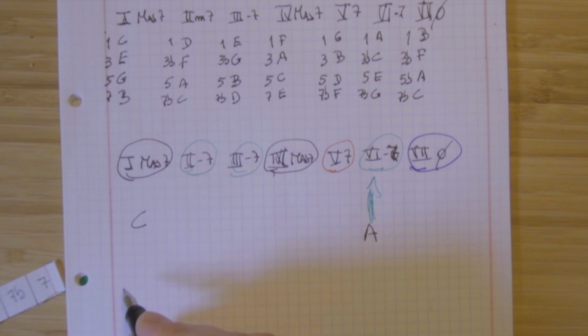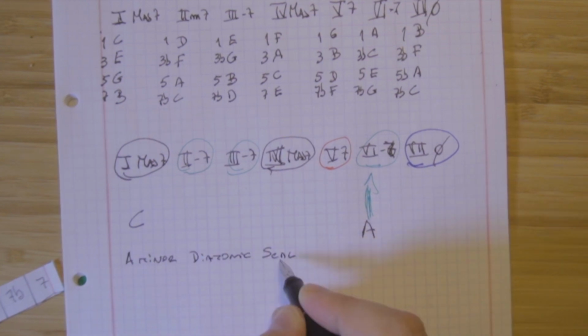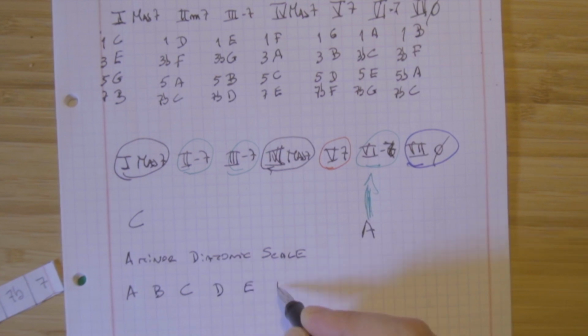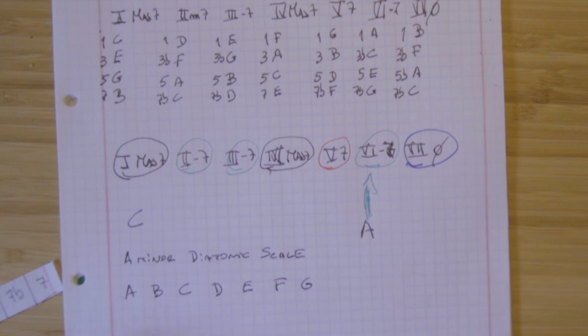If we wanted an A minor diatonic scale, we would have A, B, C, D, E, F, G, and then another A. But the degrees and the harmonization is exactly the same as the major.